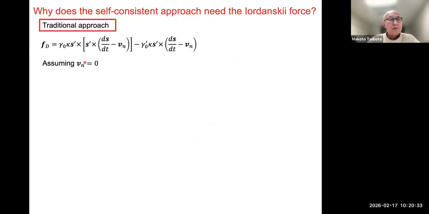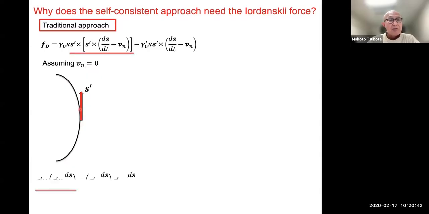We assume vn is 0 for simplicity, and here is a vortex line, and s prime is along the tangential direction. If ds/dt is along this direction, this first term corresponds to this one.